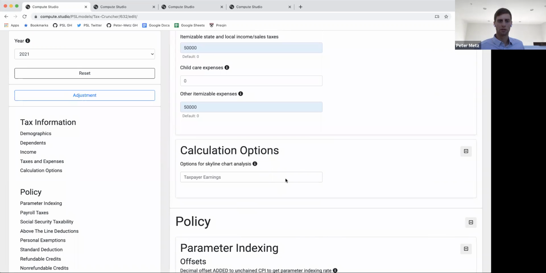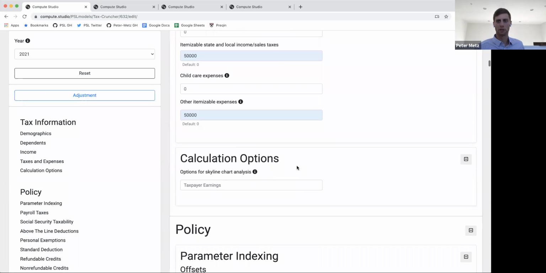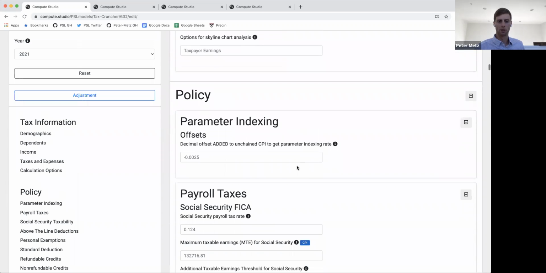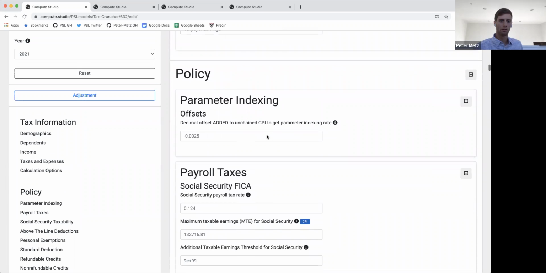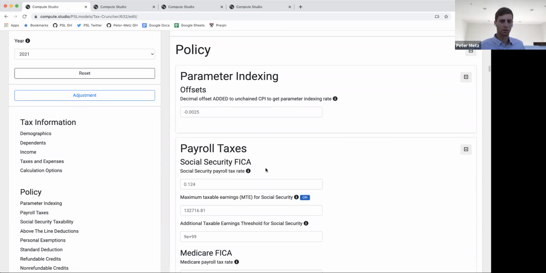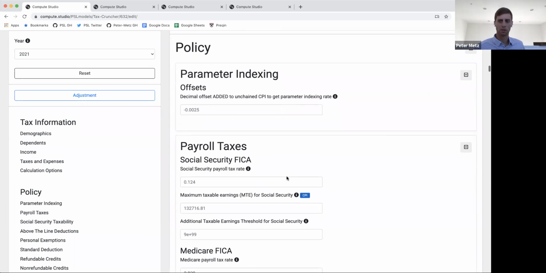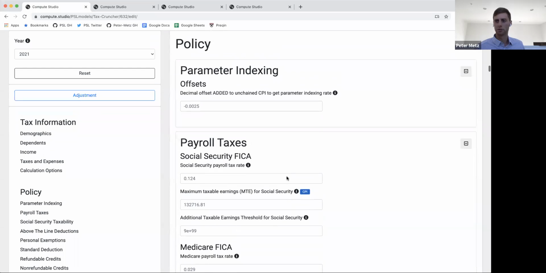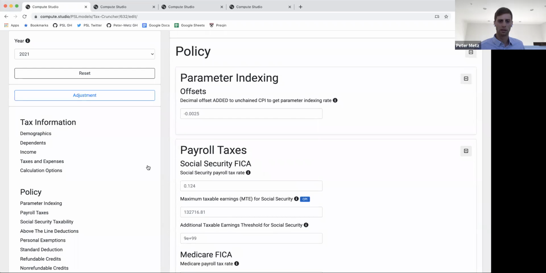Okay, that covers our taxpayer financial information. Now we're going to scroll down and get to the tax policy parameters. This might look familiar if you were with us a couple weeks ago with Matt. There are hundreds and hundreds of these parameters, and scrolling through each one individually can be cumbersome.